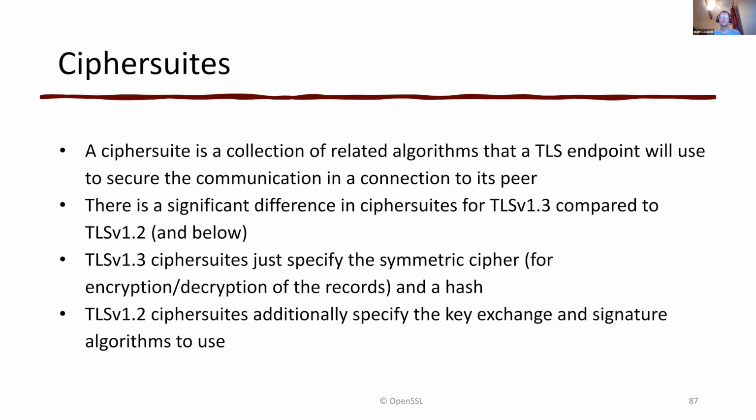In a TLS 1.3 Cipher suite, you're basically just specifying the symmetric cipher, so, for example, AES 128 in GCM mode, and an associated hash, so SHA-256, for example. A TLS 1.2 Cipher suite, on the other hand, specifies those same things, but additionally also specifies the key exchange and signature algorithm to use. So it's quite a bit more complicated.